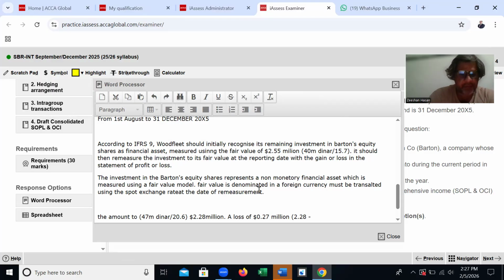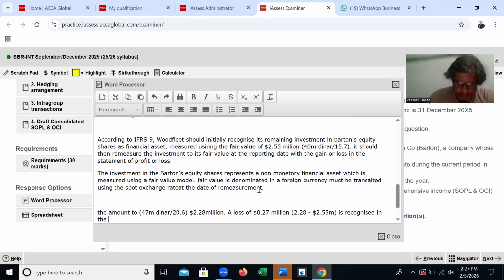How? See, 2.28 minus 2.55 is recognized in the investing section of the consolidated statement of profit or loss.